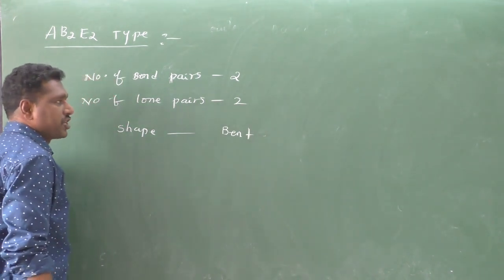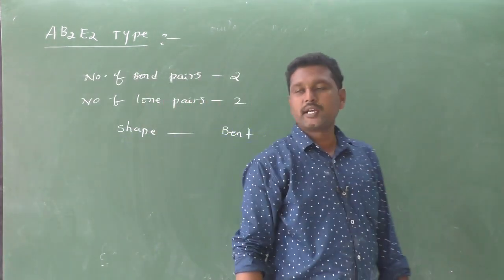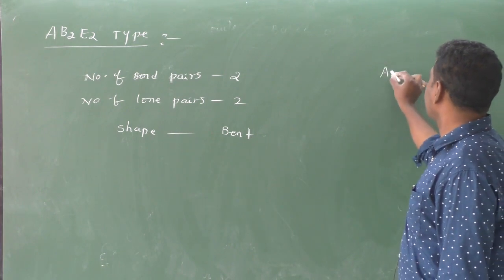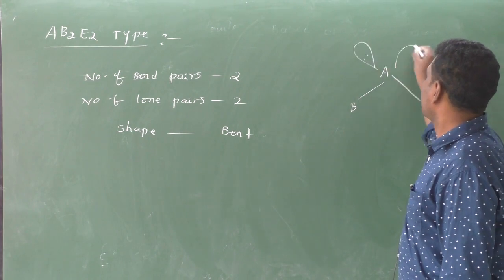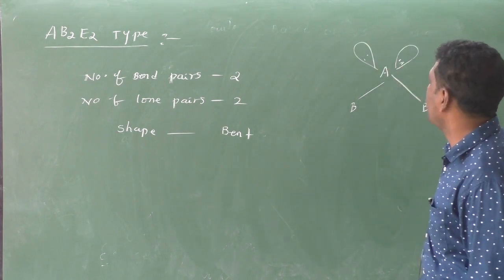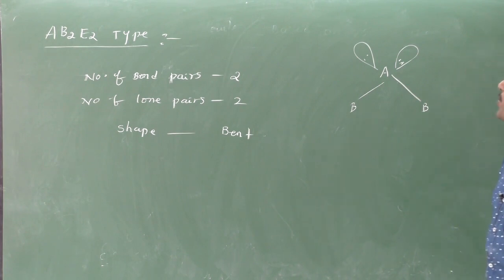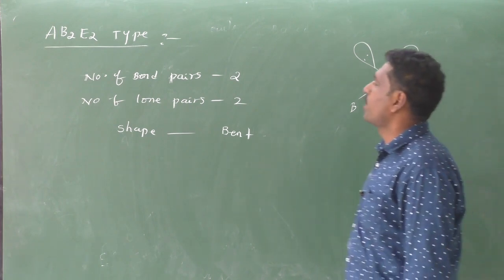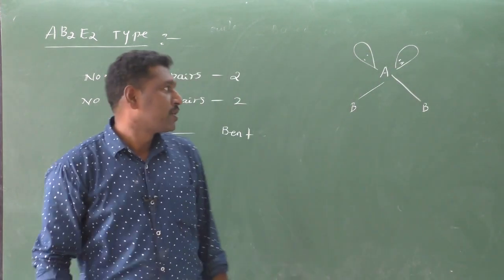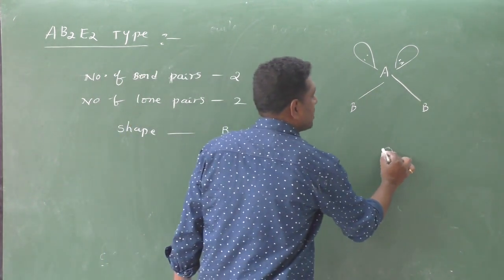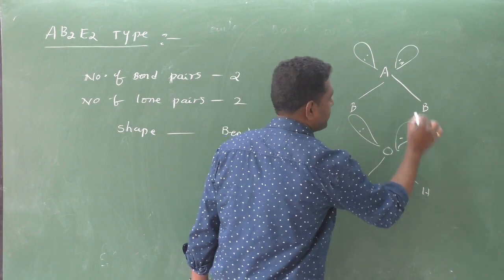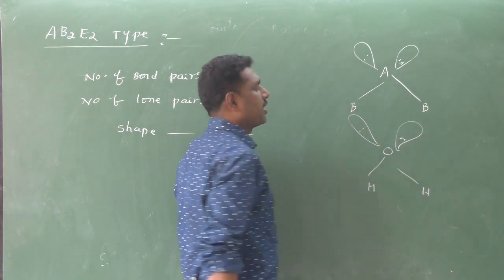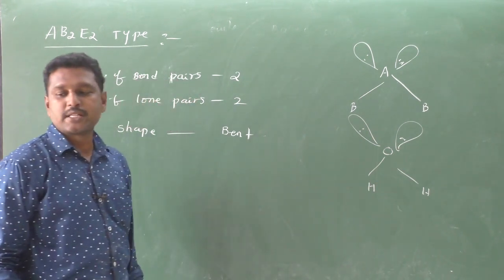Here the central atom is A, B here, B here, and a lone pair here and another lone pair. So AB2E2 type. Number of bond pairs 2, number of lone pairs 2. Shape is bent shape. The water molecule structure is like this only, with 2 lone pairs and 2 bond pairs.